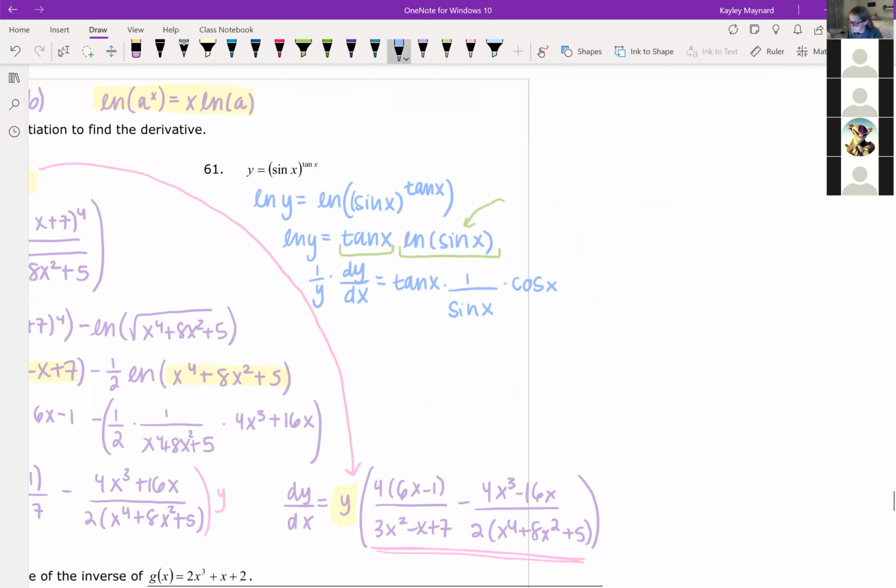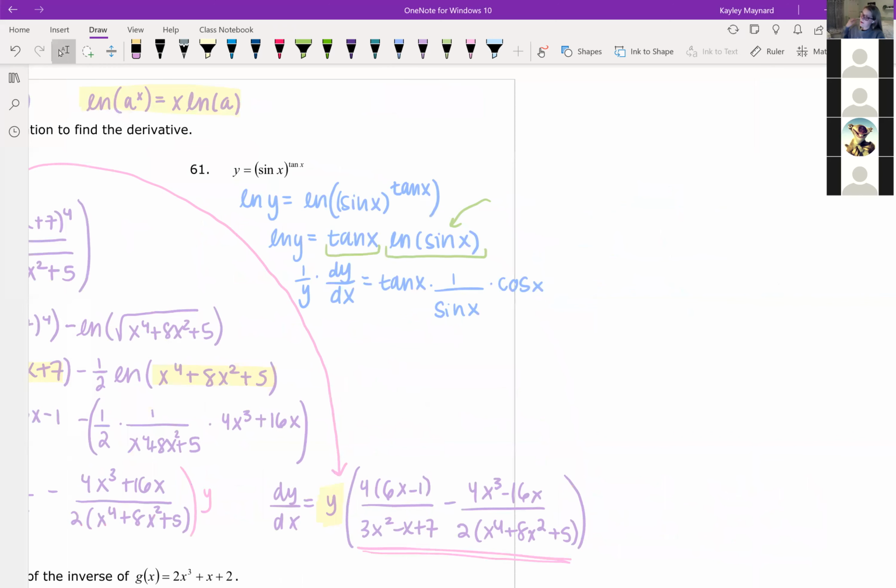I'm just going to scroll over. Okay, but we're not done because we were doing a product rule, so we have to add to it. And this time we take the derivative of tangent of x. So who's got the derivative of tangent of x for me? Secant squared of x. Yep, perfect. Secant squared x. And then we just leave the second function alone and multiply it by ln of sine x.